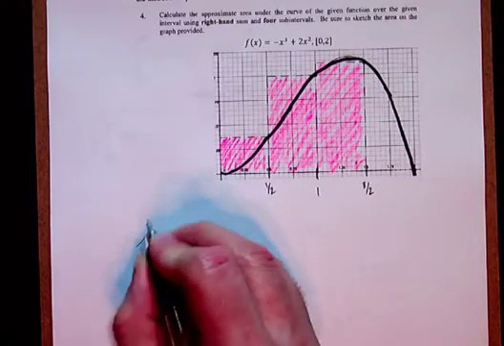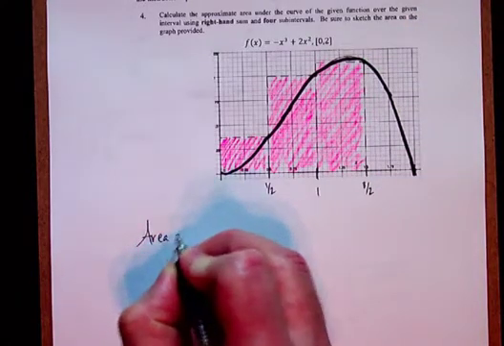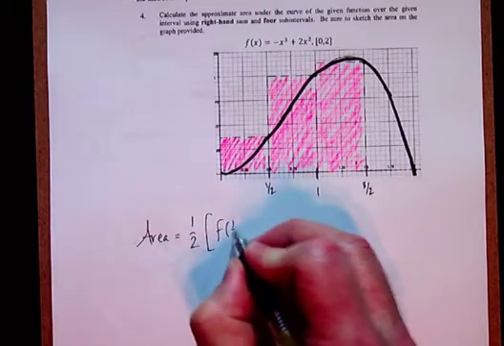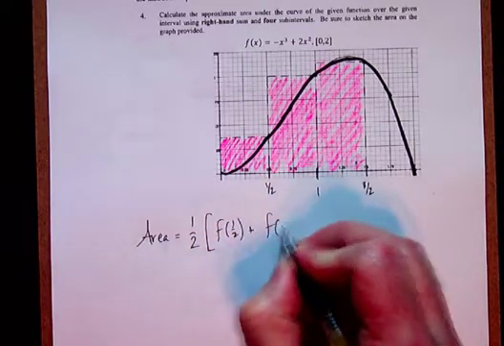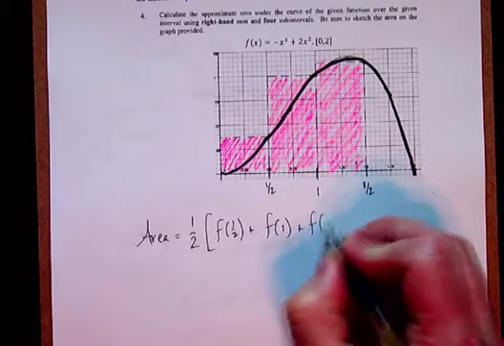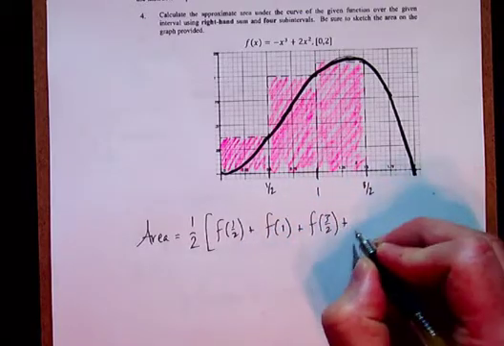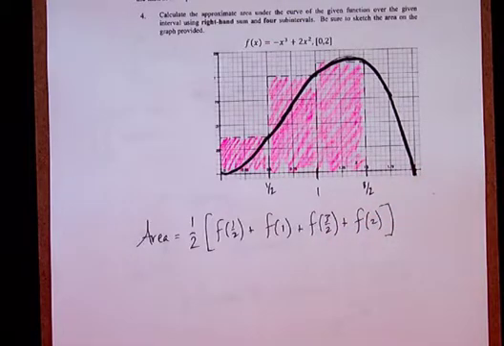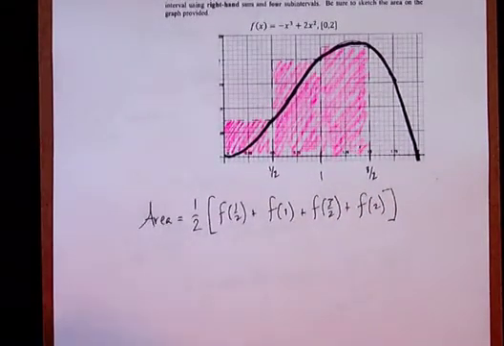So my area estimation is going to be 1/2 times f of 1/2 plus f of 1 plus f of 3/2 plus f of 2. Now f of 2, of course, is 0, so it's inconsequential in terms of actually evaluating all of this. We can go ahead and plug it in if we wanted to.